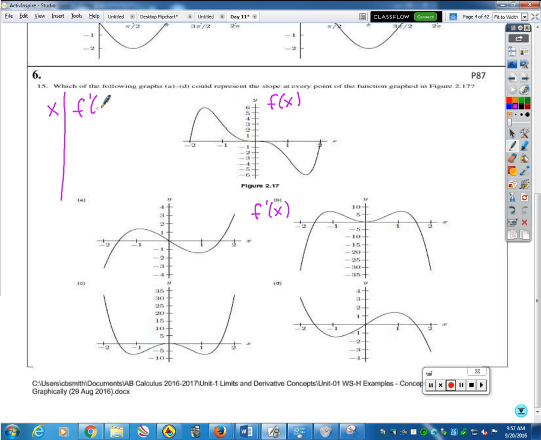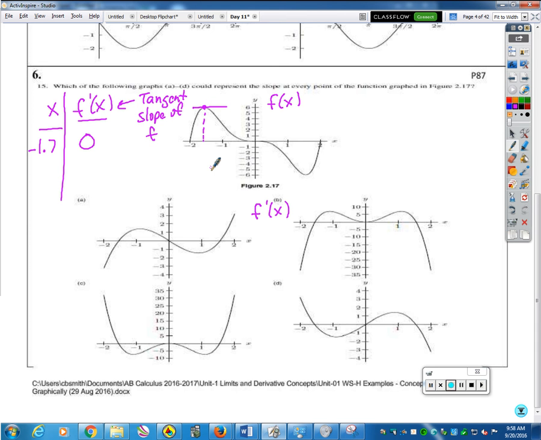One meaning of the symbol F prime is the tangent slope of F. So this symbol means tangent slope of F. I noticed that at about x equals negative 1.7, the tangent slope of F is 0, because the tangent slope at this point is 0.